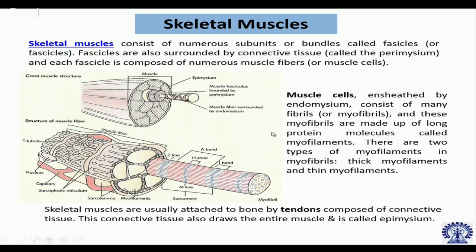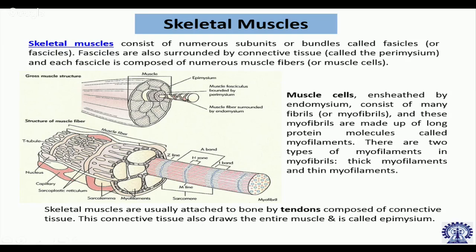Now, the skeletal muscle has bundles, and the bundles consist of many fibrils, and these myofibrils are made up of protein molecules. So the skeletal muscles are usually attached to bone by tendons. Very, very important.